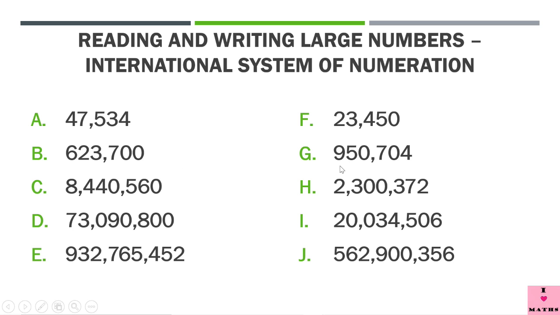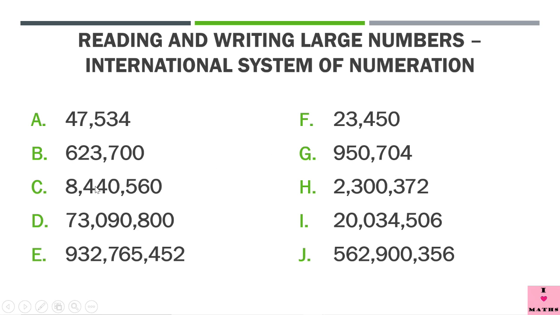Okay, let's see this one. Here again, we have these three digits in thousands period and these three in ones period. I'll read this. 950,704.